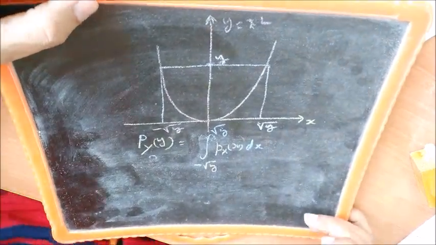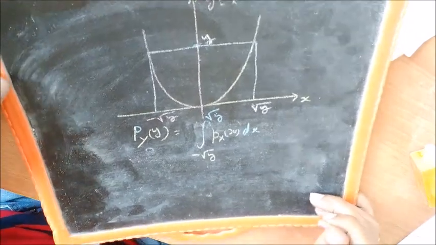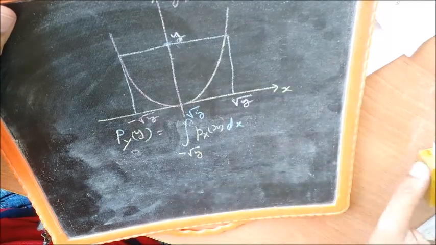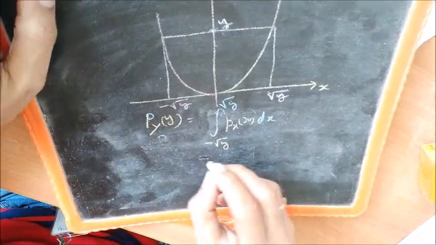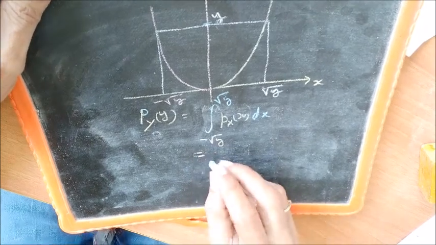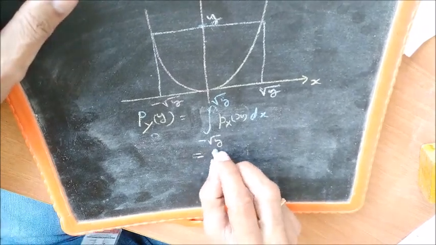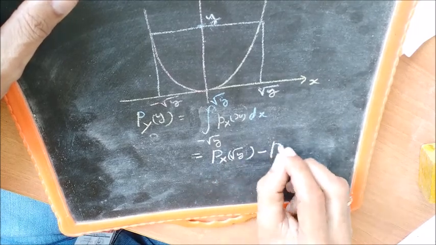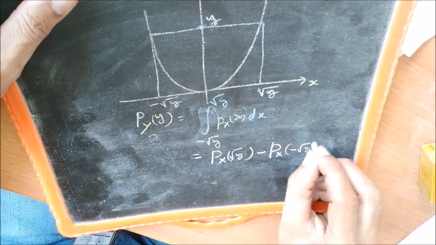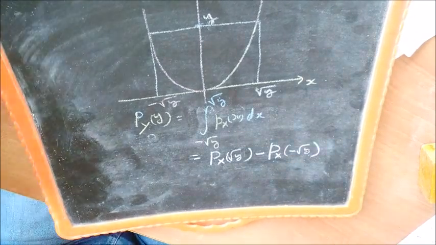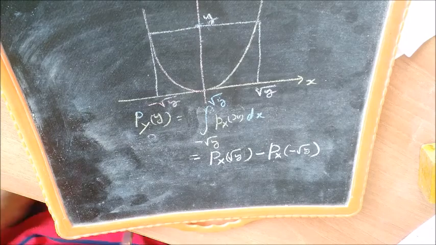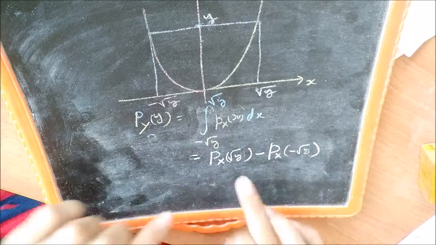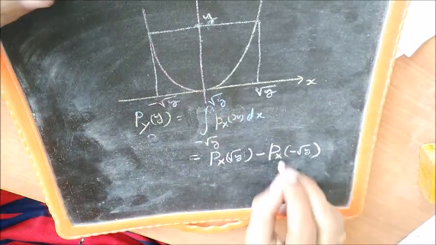We can write it like this, and now this is going to turn out to be, because when you integrate this with the density function, you will get the distribution function, and when you put the limits, this is what you are going to get.